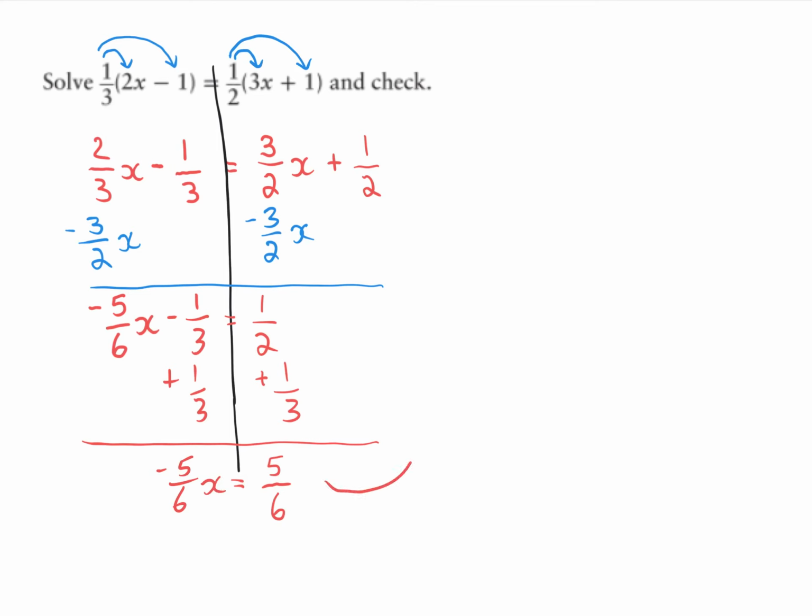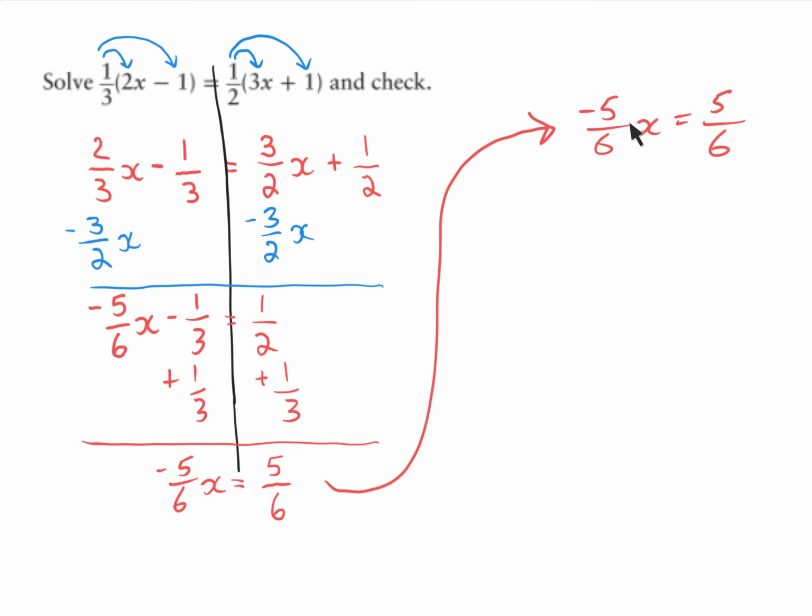So one final step to go. I'll just rewrite this. -5/6x equals 5/6.